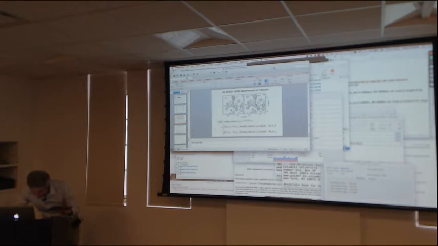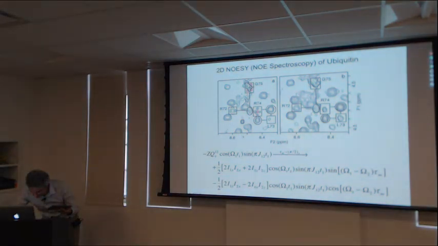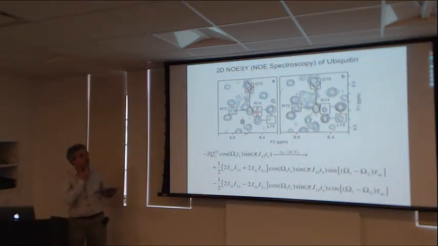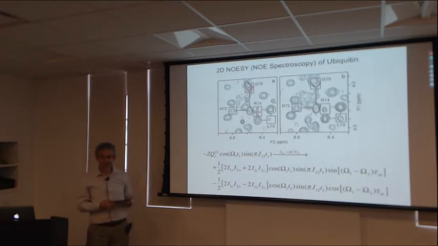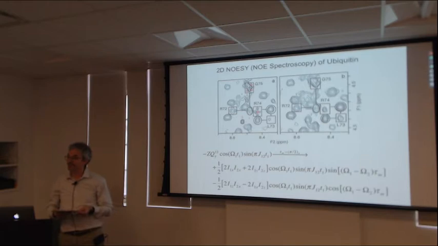It's just in the circle. There is a zero. And actually, it's not mislabeled. These are zero quantum peaks that come up in the NOESY spectrum for much the same reason. And there you can see them. It would look similar in the TOCSY spectrum.